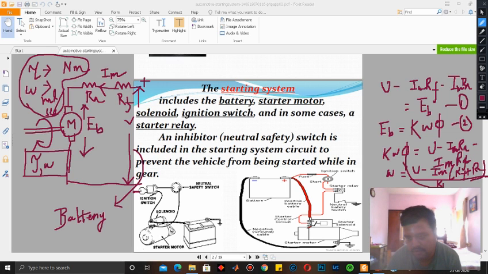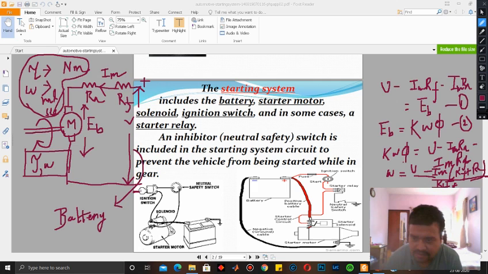Let us make phi as K1 into IF, since more flux means more phi. So omega is V minus Im into RF plus RA, divided by K1 IF.